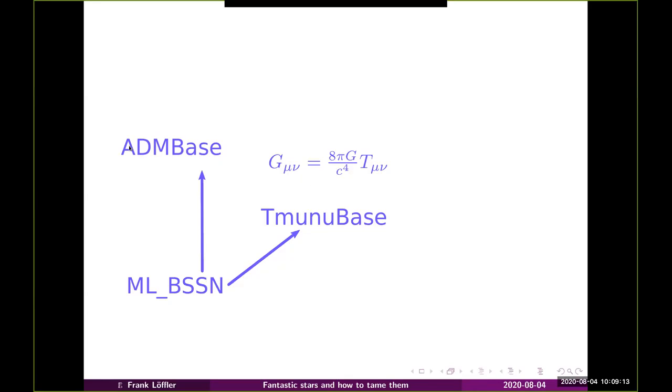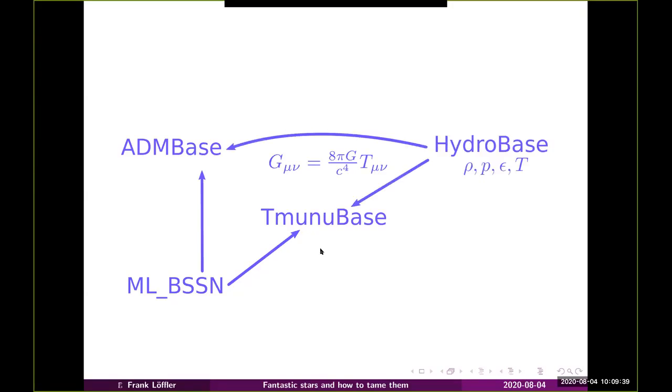If you have a space-time evolution, like for instance McLachlan, then this will use ADM base because it's evolving the space-time. And it will need to know about the matter content, so it will also interface with T mu nu base. But it doesn't need to know anything more about T mu nu, nothing about the internal structure of that.